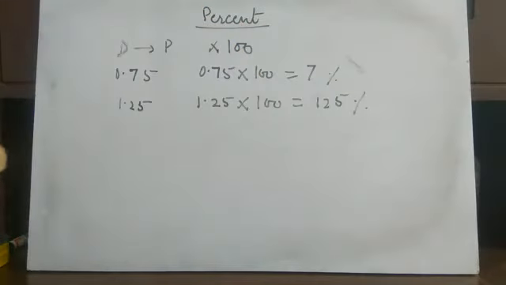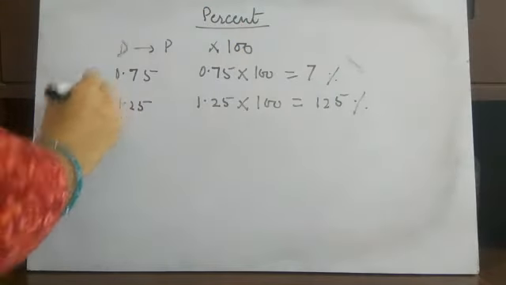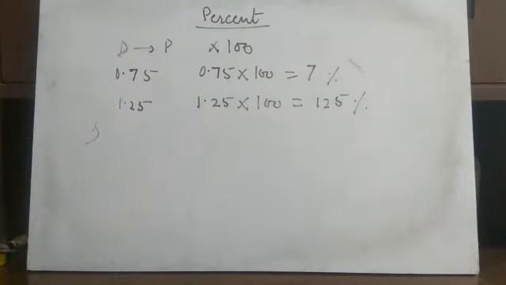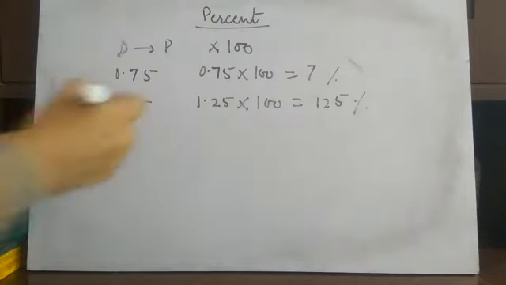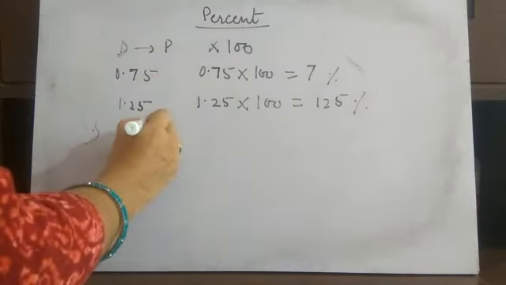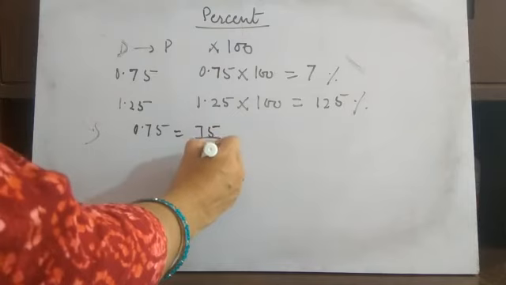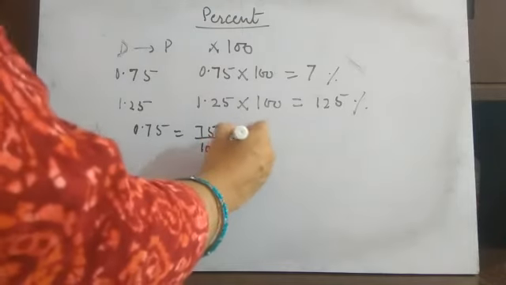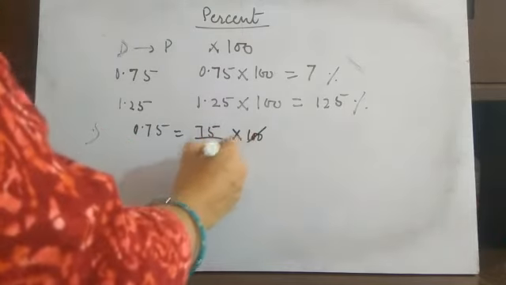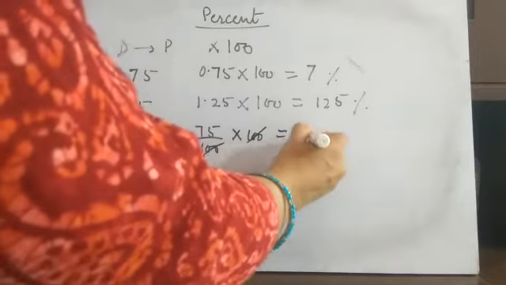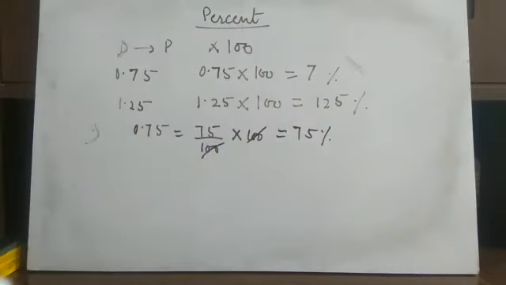Now another way, which some books follow, is that we first convert the decimal into a fraction. So this can be written as 75 by 100, and then we multiply by 100. So ultimately it gives 75% only.